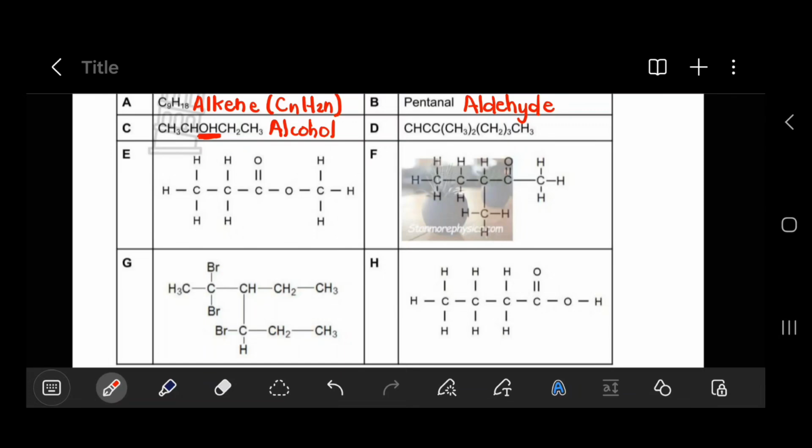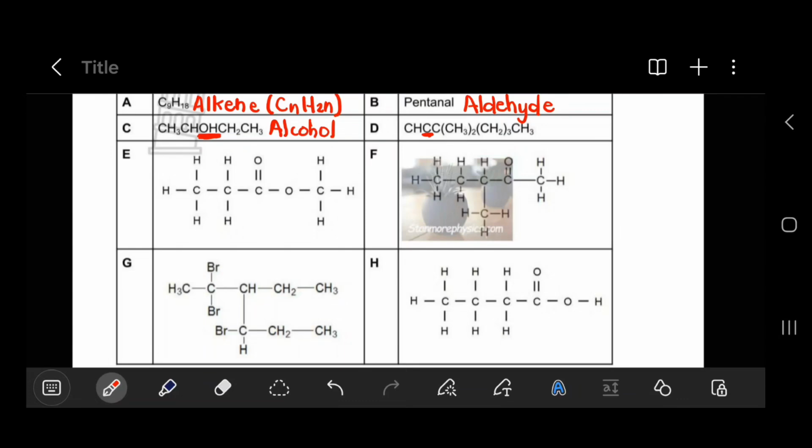Now, when we look at compound D, we notice that we've got only carbons and hydrogens, so it's definitely a hydrocarbon, either alkane, alkene, or alkyne. But based on the carbons and what is around them, we notice that we've got this one carbon alone, meaning that it will be bonded to the carbon before it and the carbon after it, but that is only 2 bonds, which means that there are 2 other bonds missing.